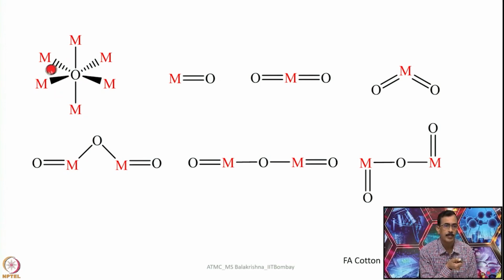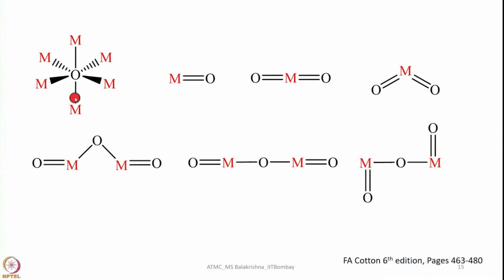You can see here 6 metals arranged in an octahedral fashion directed towards 6 vertices, having a central oxygen atom here, and this is the common one, and of course here another one where you have 2 oxygens, and also you can have something like this, or one can have something like this oxo, or it can be like this. So, these are some of the most commonly seen coordination modes of oxygen and hydroxyl groups with different oxidation states.